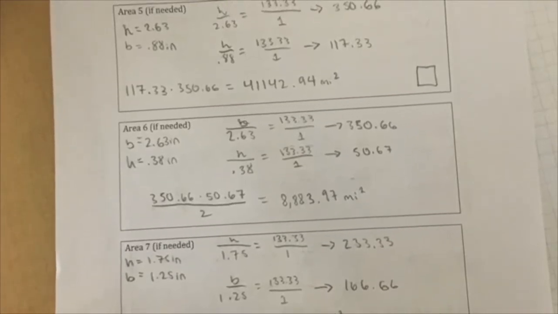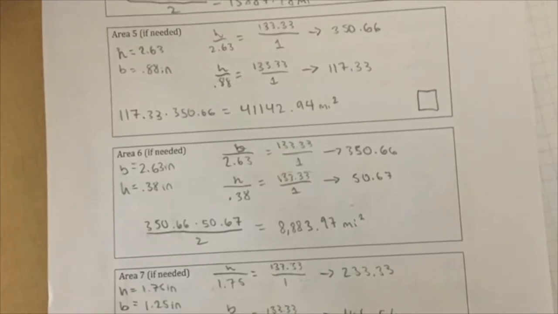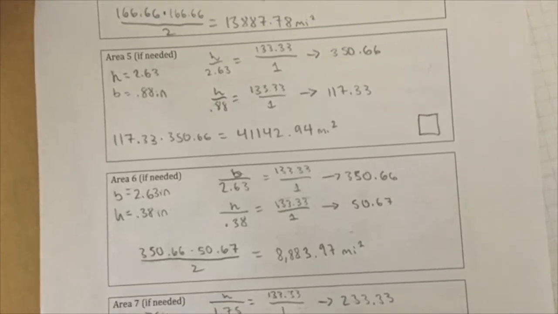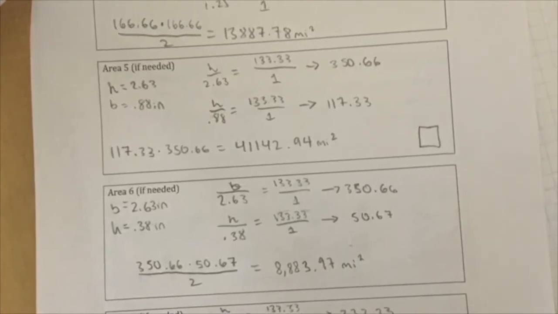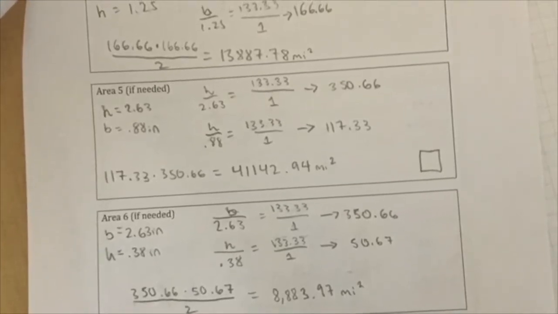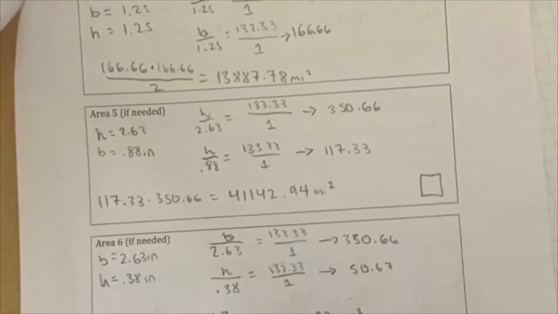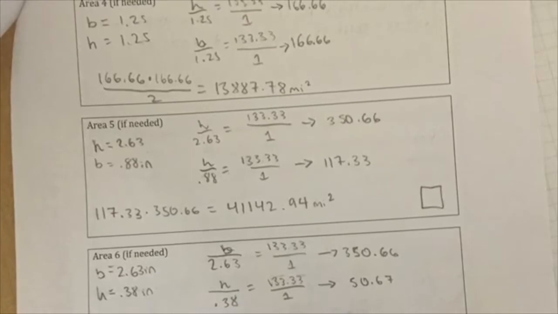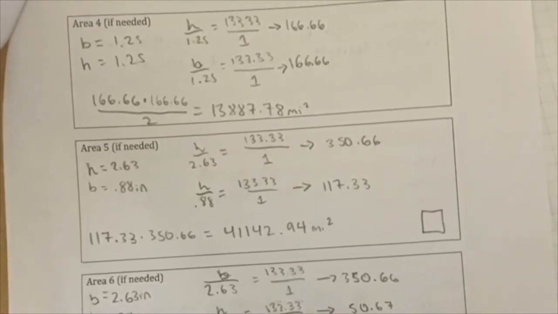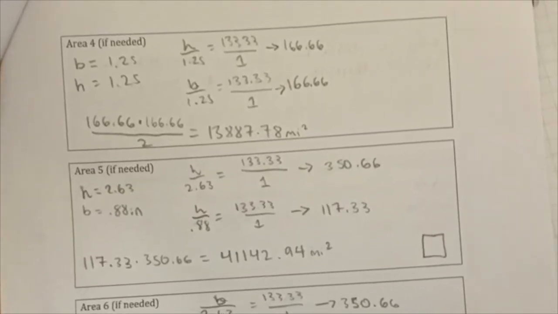So now we're going to be finding the area of shape 4, which is a right triangle. We found that the height of the triangle on the map was 1.25 inches and the base was also 1.25 inches. So we set up the proportion, height over 1.25 inches is equal to 133.33 miles over 1, and we cross multiplied that to get 166.66, and did the same for the base because they're the same value.